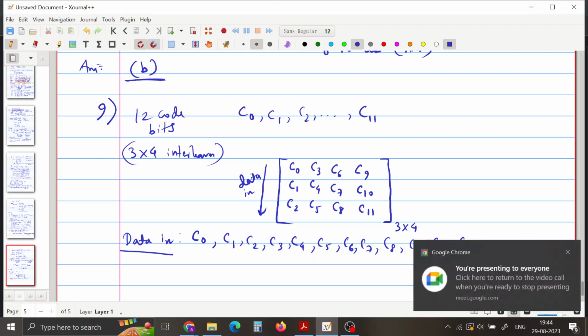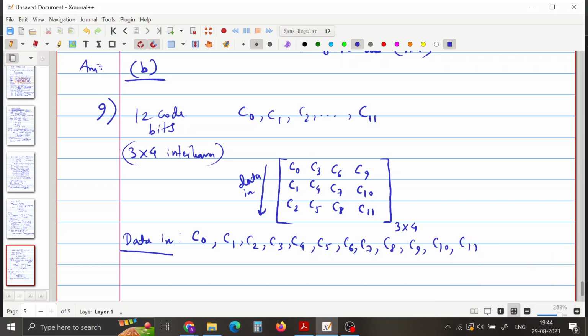This is how your data comes in, column wise. And for transmitting, for reading out the data, you do it row wise, along the row, horizontally.